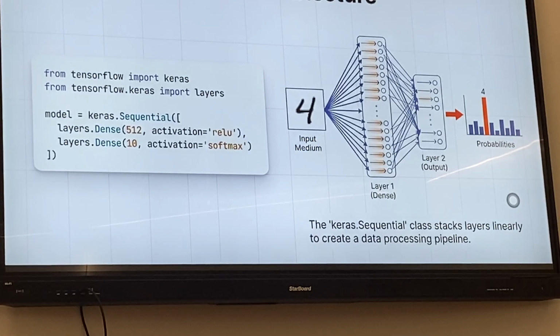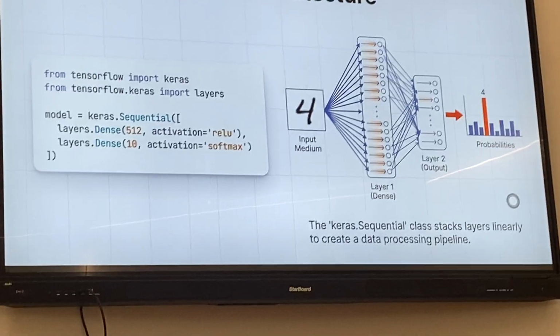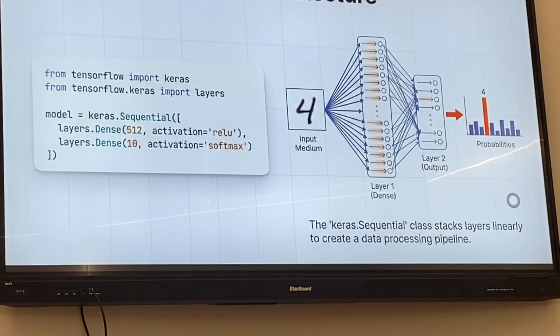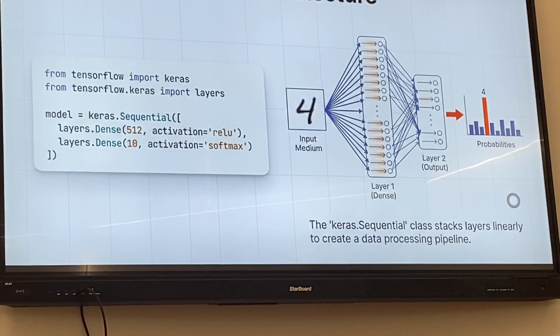Now, the output layer is one with 10, comma, activation softmax. Why 10? How many classes do we have? We want to classify these images into 10 classes, 0 to 9. So that's why we have the 10. Okay? Why softmax? Why not ReLU? Because the probability is from 0 to 1.